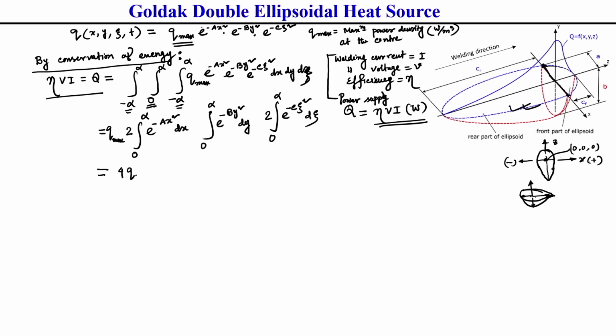Finally, what are the things we are getting? 4 q max, because this 2 is there, another 2 is there, integration from 0 to infinity of e to the power minus a x square dx, integration from 0 to infinity of e to the power minus b y square dy, and integration from 0 to infinity of e to the power minus c zeta square d zeta. These things you got, correct.